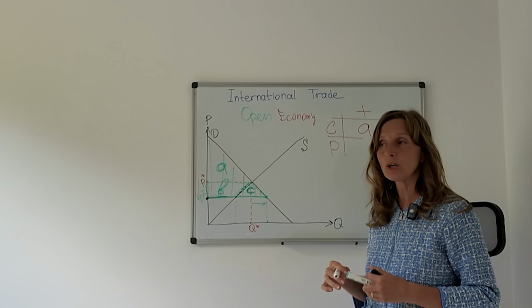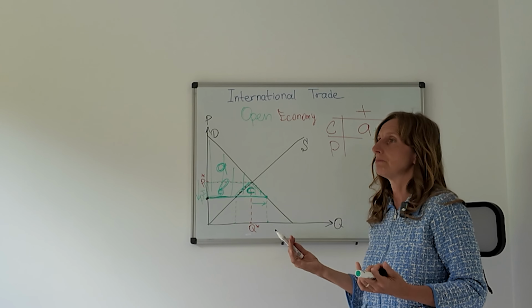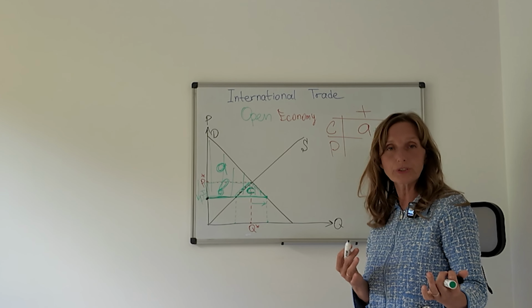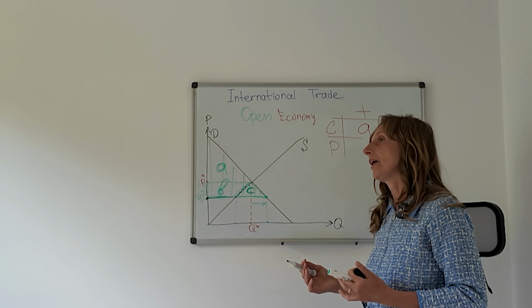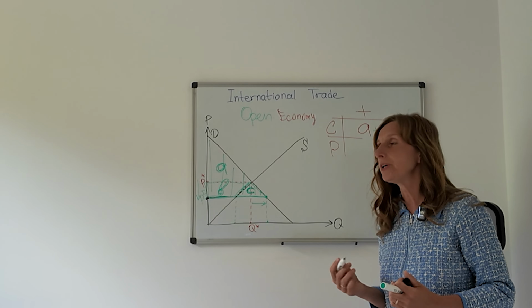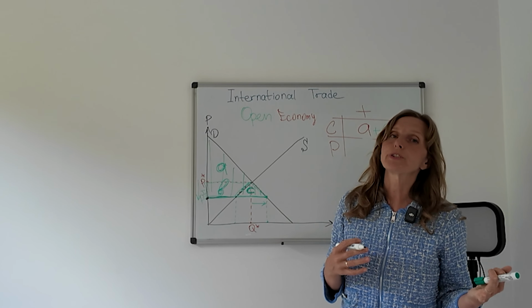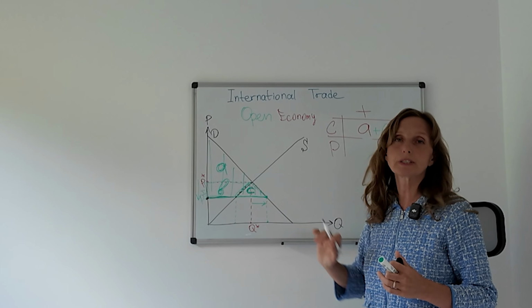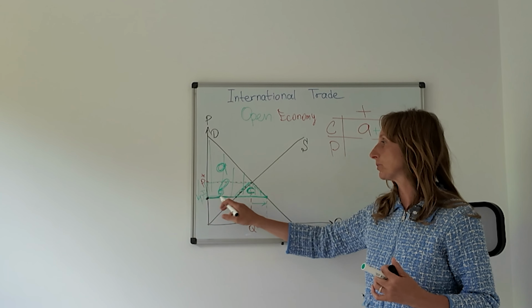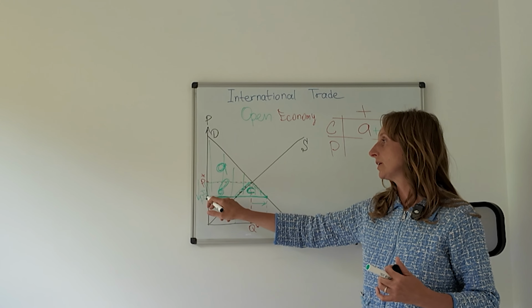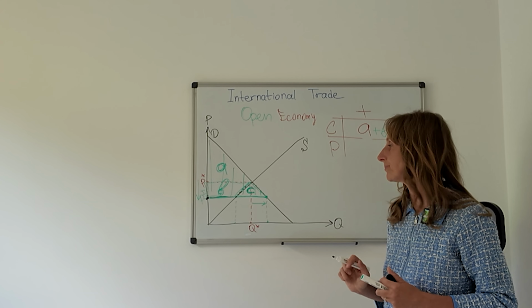National producers will lose their market share, and then they will just disappear, probably due to old technologies, because it is too expensive for them to produce the same goods and sell them at this lower price.